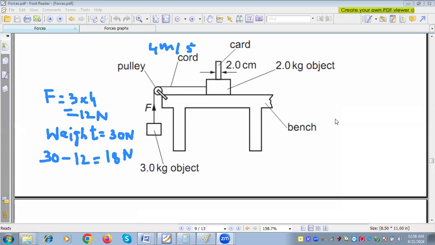Because both masses are attached by means of a rope, both of the masses, 2 kilogram and 3 kilogram, are having the same acceleration.